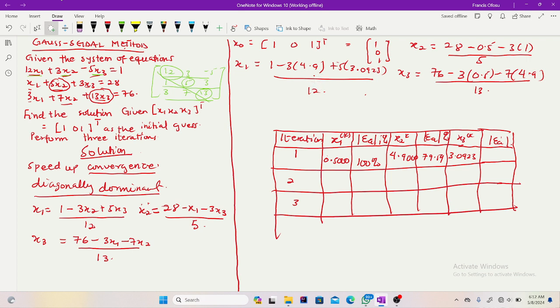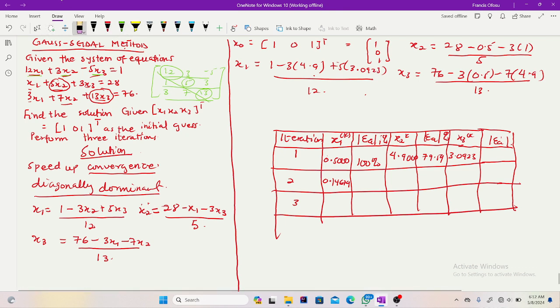So the value for x1 now becomes, in our second iteration, 0.14679. This is the current value of x1 we've got in our second iteration.